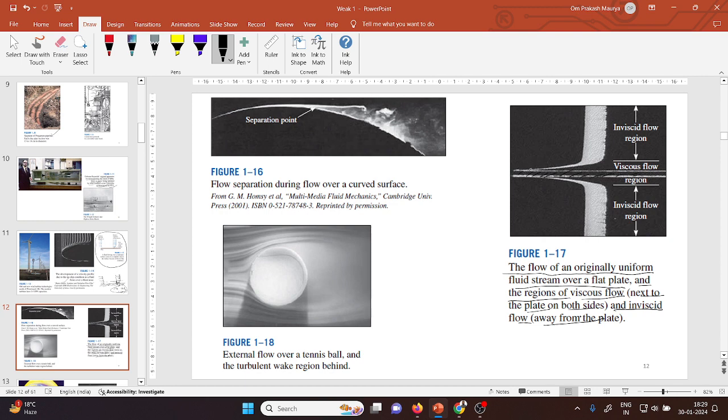If you visualize, at this location your velocity is zero, and after that your velocity is uniform. Before getting to the uniform condition, this region is the viscous region. Why the viscous region? Here the viscous force dominates, that's why it is the viscous region. And after that, the inviscid region.